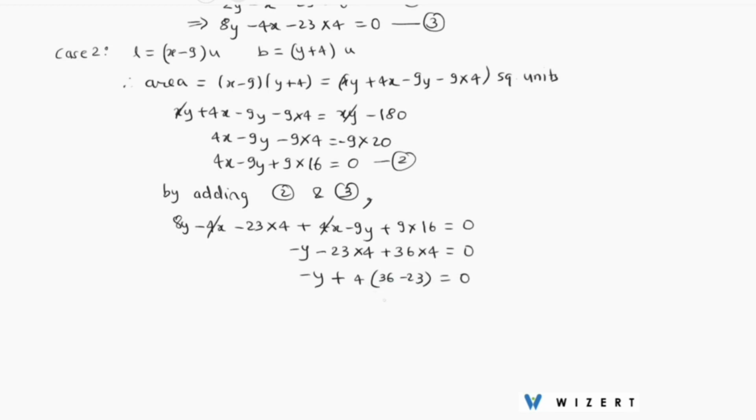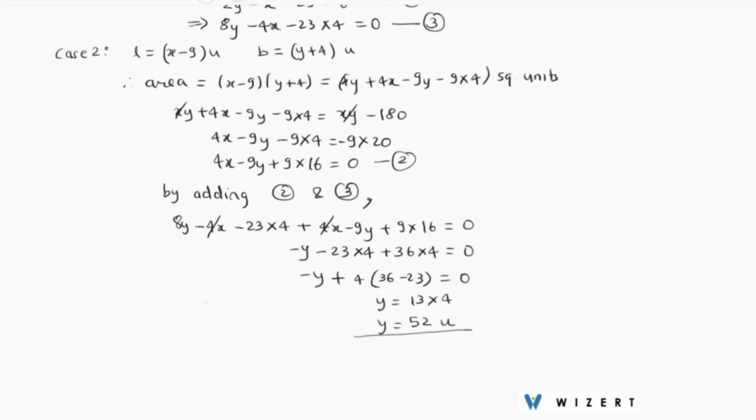So y equals 13 multiplied by 4, so y equals 52 units.